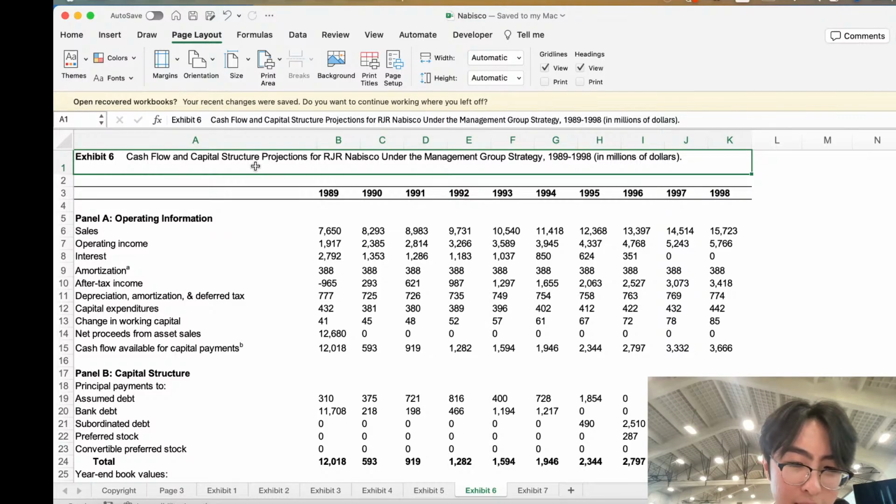Yeah, and we're also not given any cash, so I think in this case we can just ignore net debts, maybe? Okay, so I think this is reasonable.